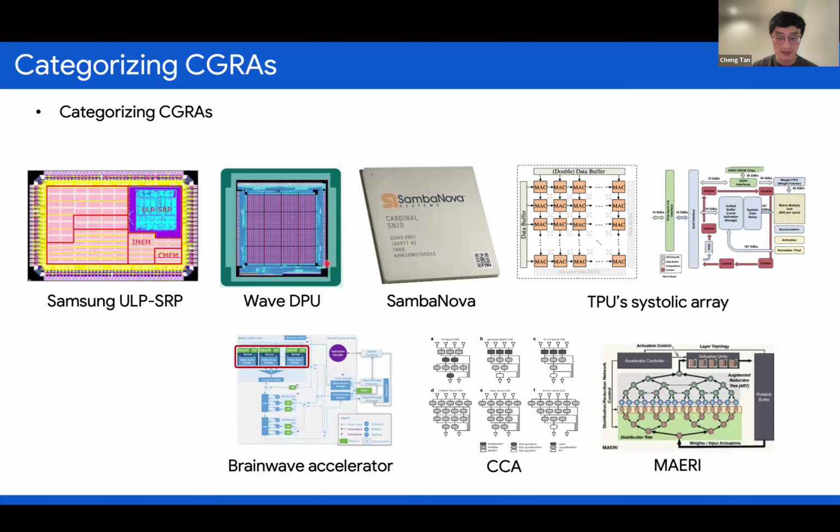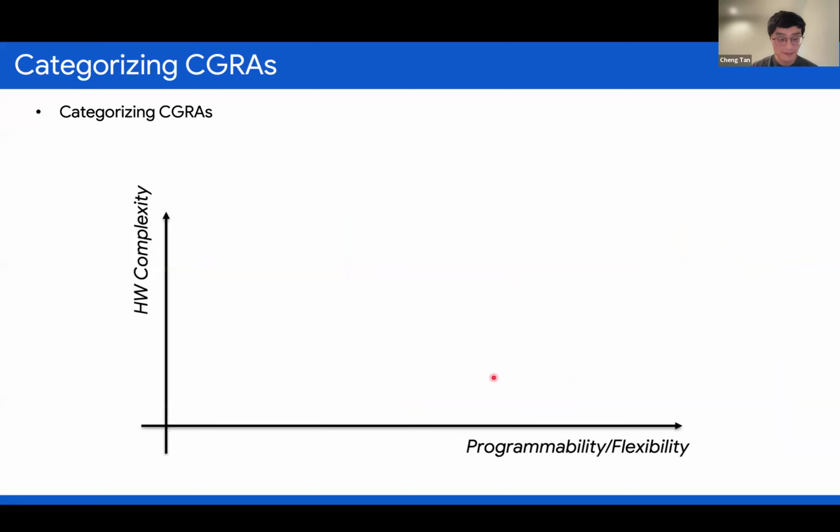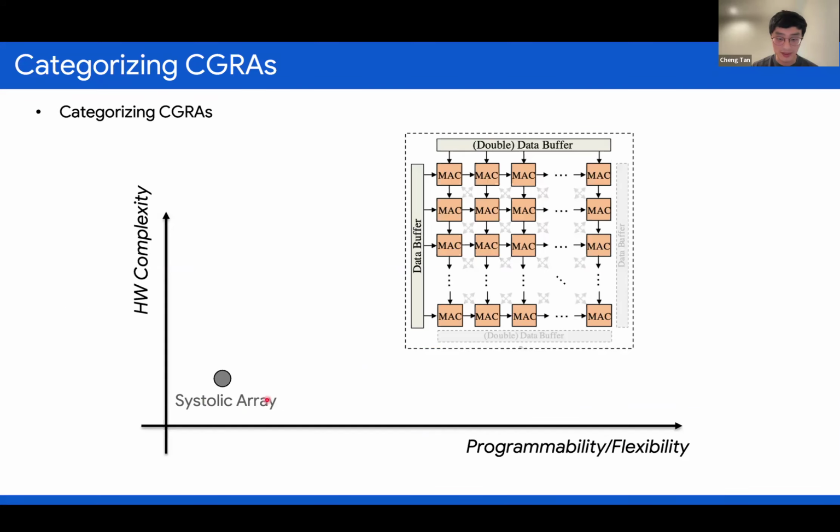And we can see these are the industry products and academic projects related to CGRA. And first is the systolic array. We know that systolic array is used to accelerate matrix multiplication, right? It's hardware with some type of buffers, and the data goes through top down and left to right.